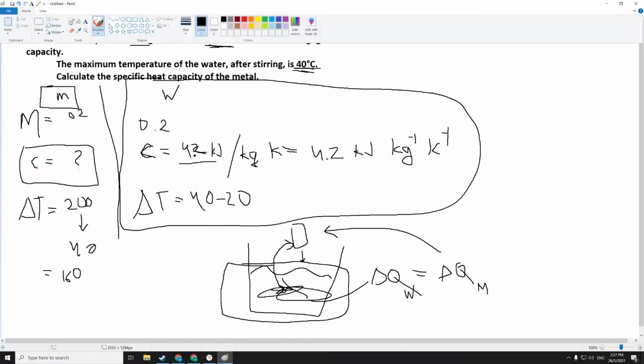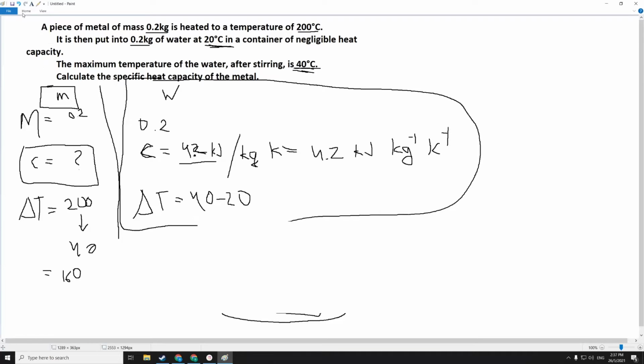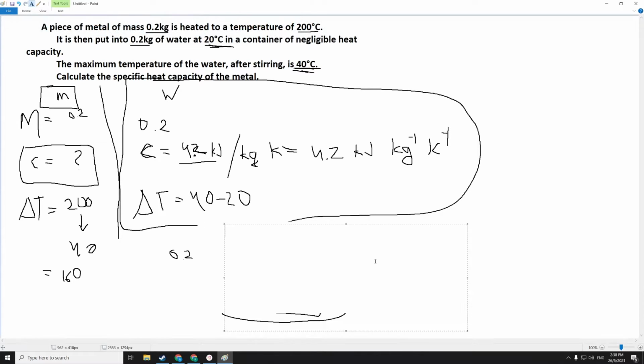And so what we can do is say this. We can take the metal equation and say 0.2 times C times 160, because that's the delta temperature, equals 0.2, because we have 0.2 kilograms of water, times 4.2 times 20, because 40 minus 20, the water changed in temperature by 20.